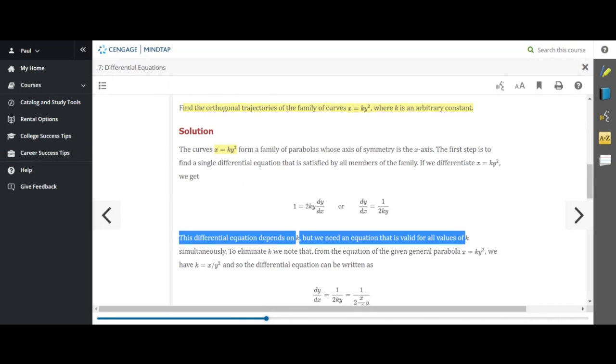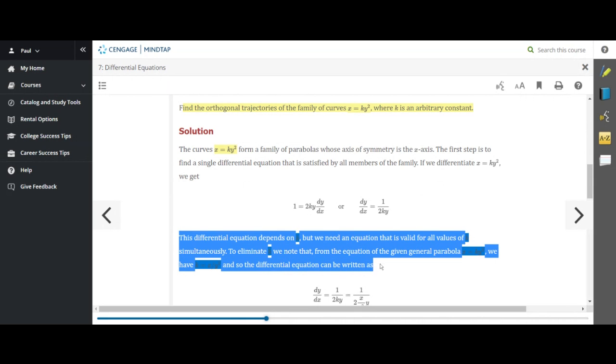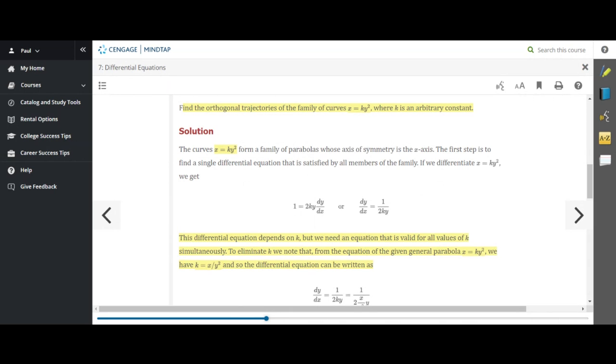And they state here that the differential equation depends on k, but we need an equation that's valid for all values of k simultaneously. So to eliminate k, because remember we're trying to get equations for this family of orthogonal trajectories.